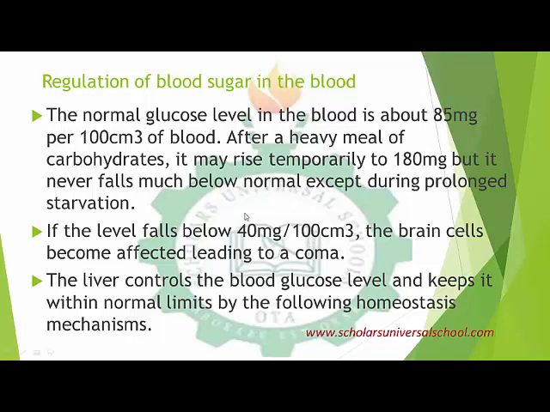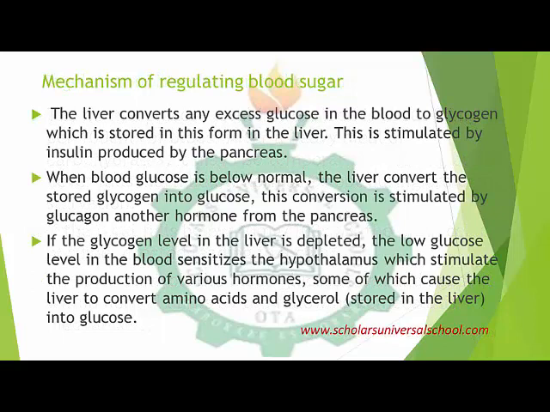To avoid this from happening, the liver needs to control the blood glucose level and keep it within the normal range. And that is what we call homeostasis. It performs that by the following mechanisms. The first is that the liver converts excess glucose in the blood to glycogen.